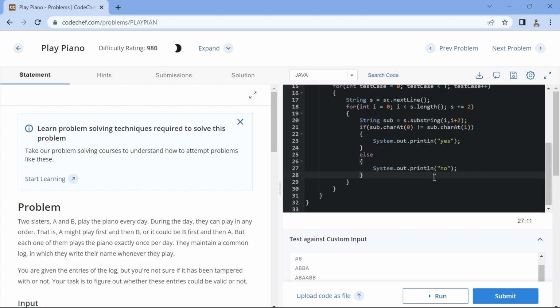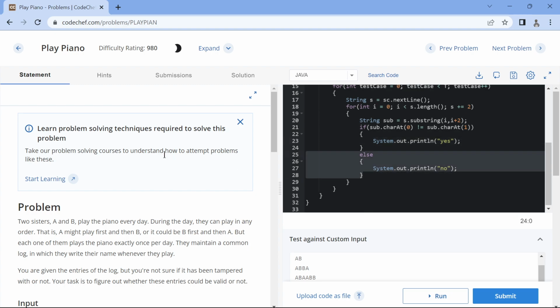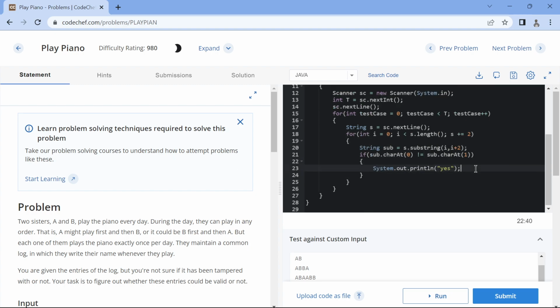Okay, so let's try this again. We're looking through every test case. Okay, print yes. Okay, I realized one slight issue. Let me fix it.